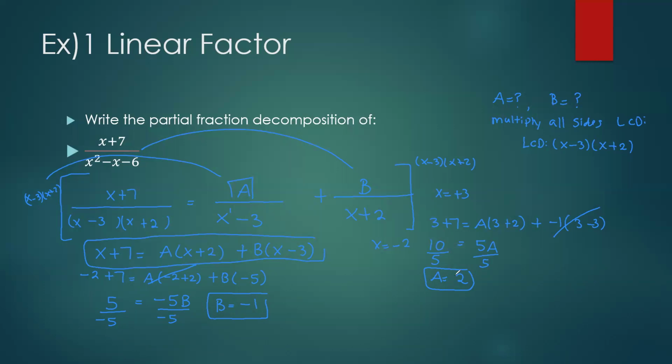We've solved our problem. Usually your teacher just wants the a and b values, but if you really want it decomposed, your final answer can be expressed as this: x plus 7 over x squared minus x minus 6 equals 2 over x minus 3, and then our b value, -1 over x plus 2.